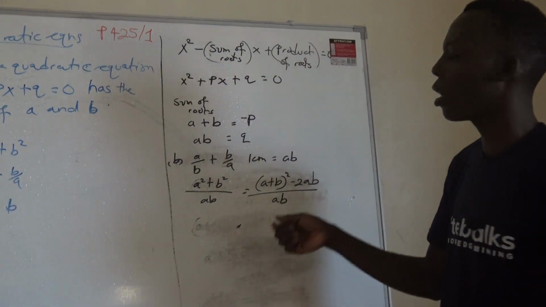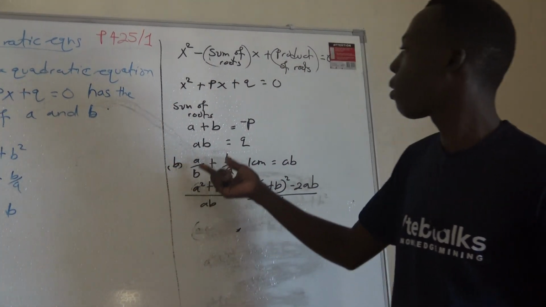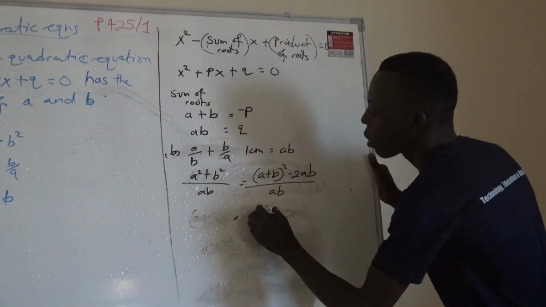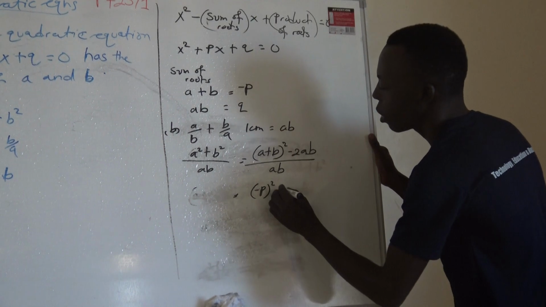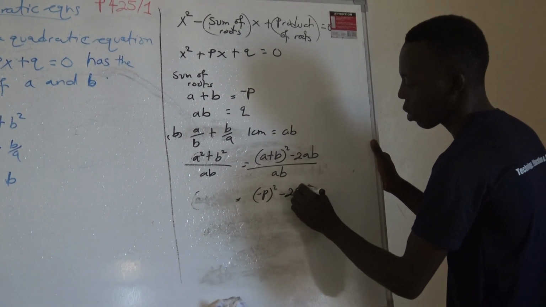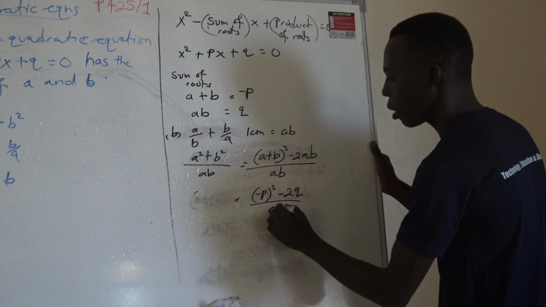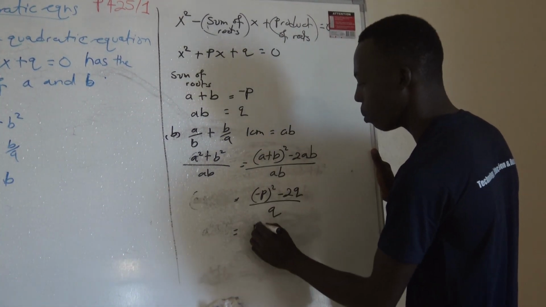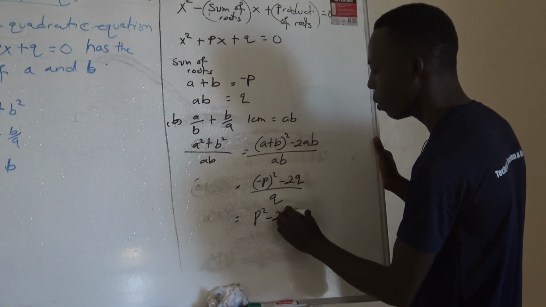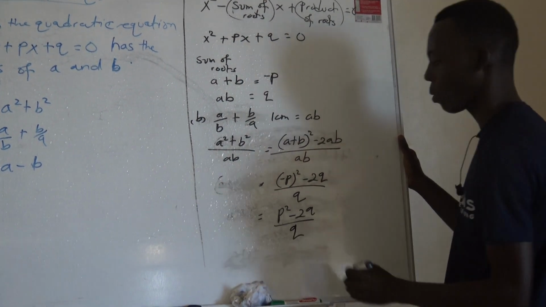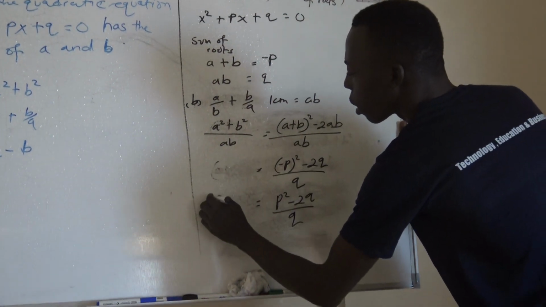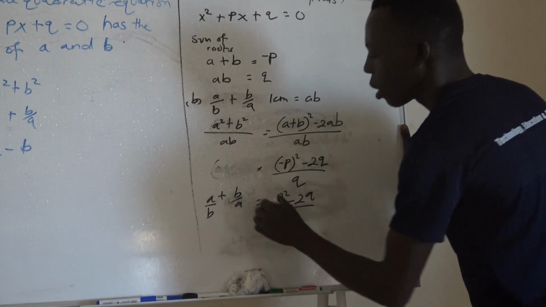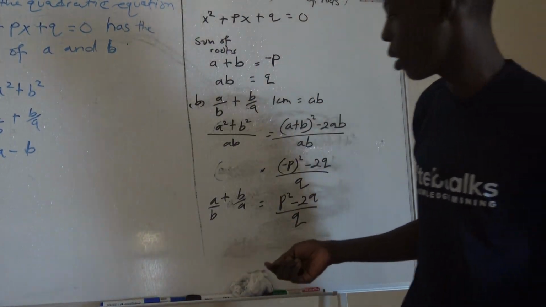Substituting the values of a plus b and ab, we get negative p squared minus 2q out of q. When you square the negative p, you get p squared minus 2q out of q. So that is a out of b plus b out of a. That's how we can get that.